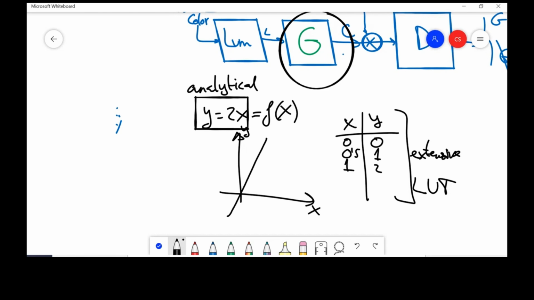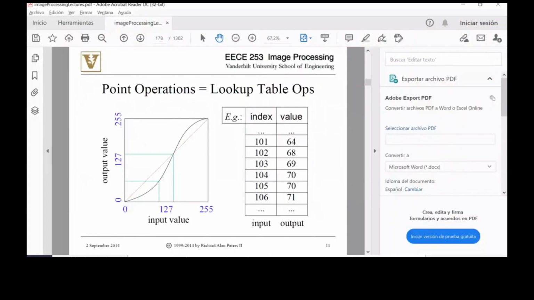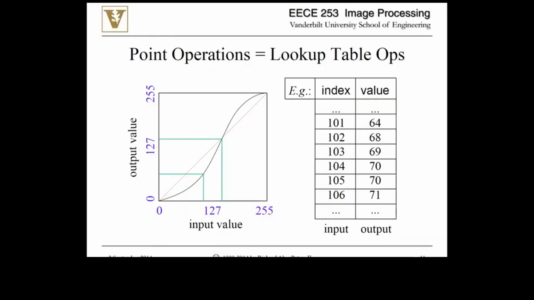So I can give you the lookup table for my pointwise operator: if the input gray value is this one, then you have to substitute it by this one. I give you this lookup table for all of them, and then I can define any function there.